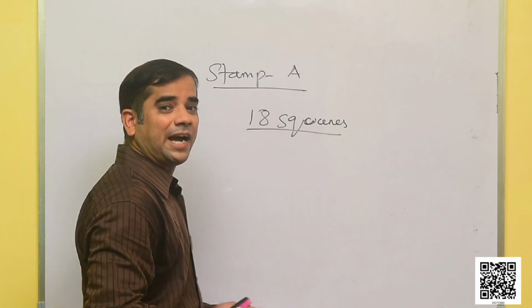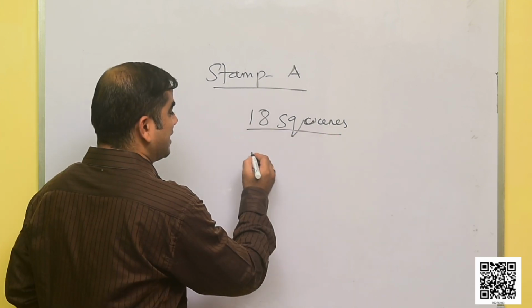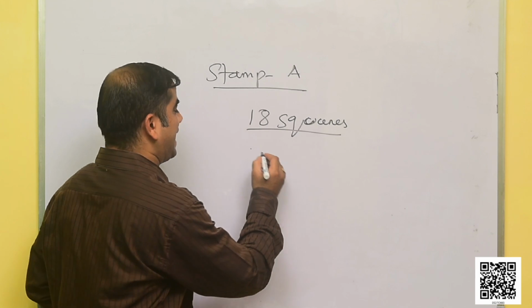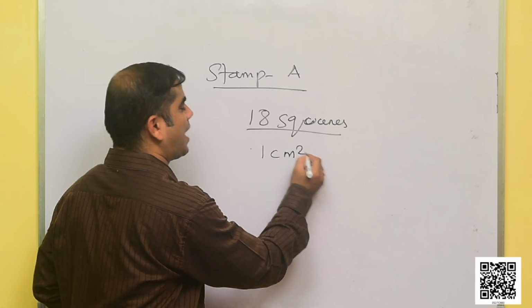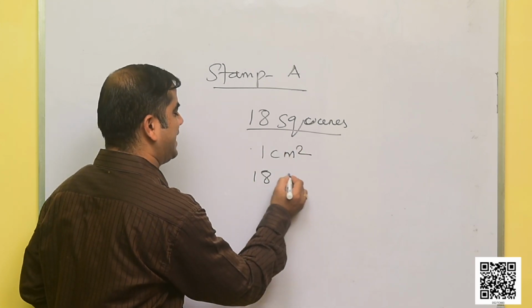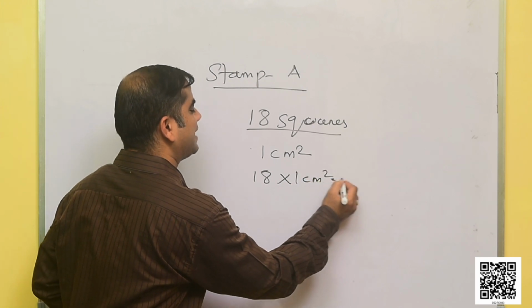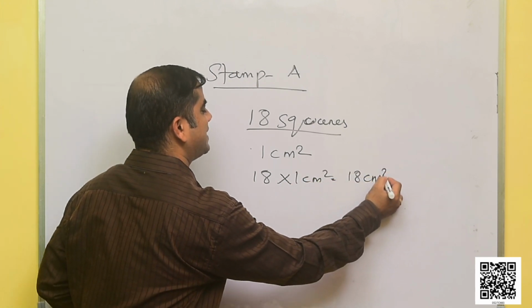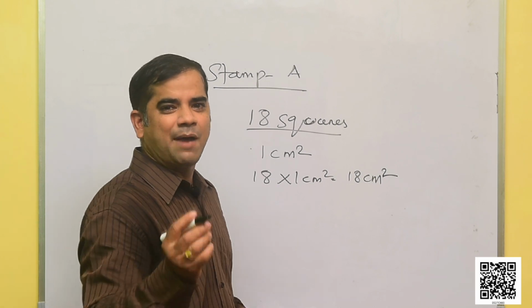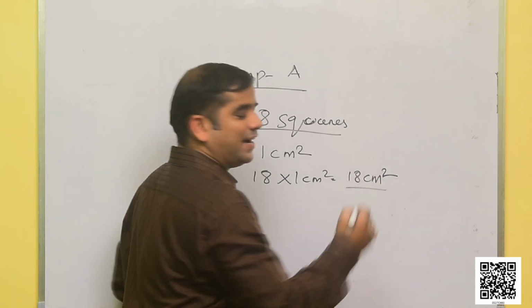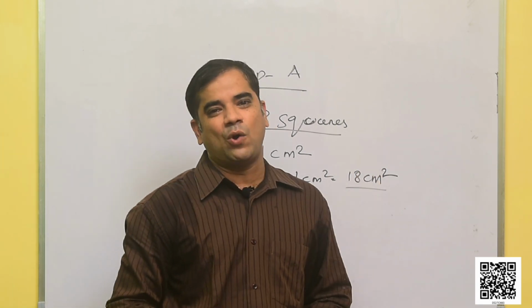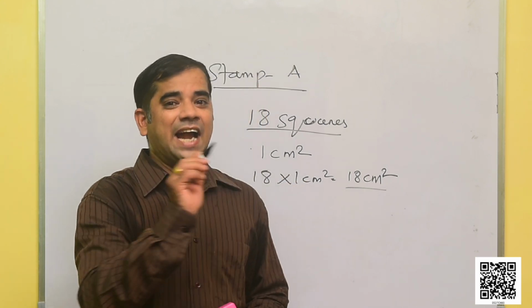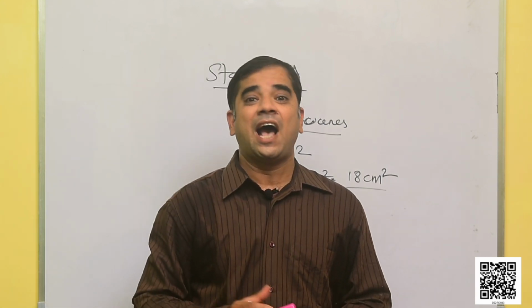So what should be the area of the stamp? Each square has an area of 1 centimeter square. So 18 squares means 18 into 1 centimeter square, that is 18 centimeter square. So stamp A has an area of 18 centimeter square. By adding the sides, you can find out the perimeters as well.